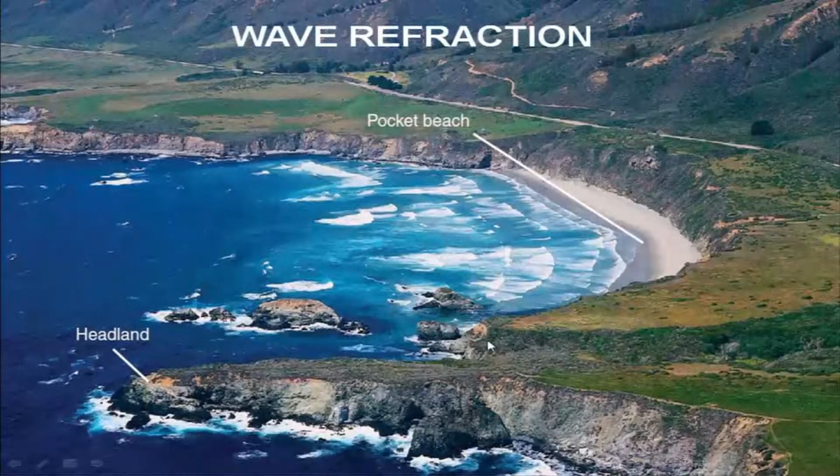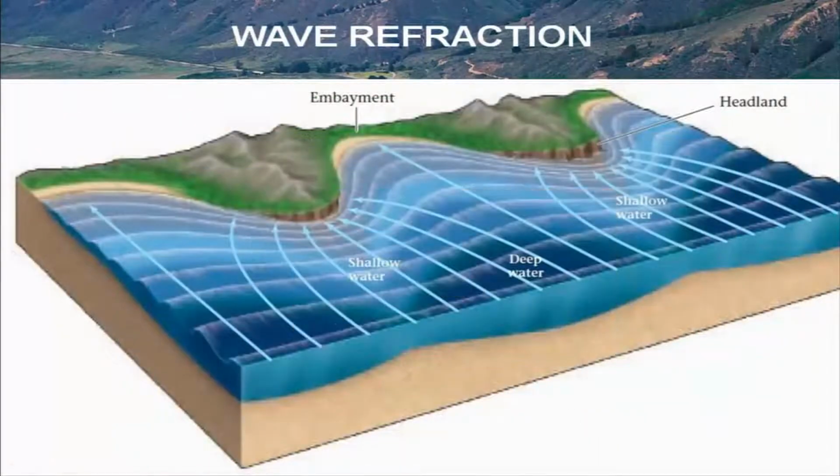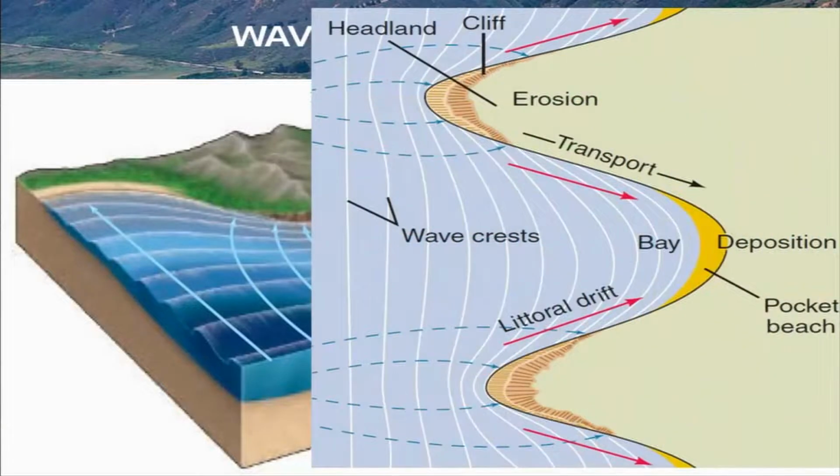bay areas, whereas the headlands are the erosional cliffs, in the notch part. This is how the headlands and the embayments are formed. What we see here is that this part is erosion, and the transportation of sediments will take place and result in deposition in the bay area.